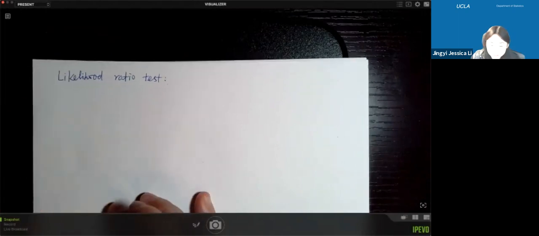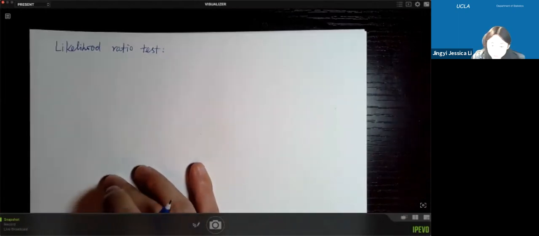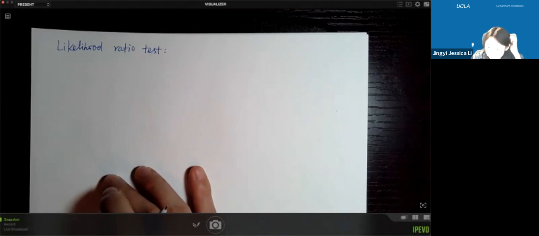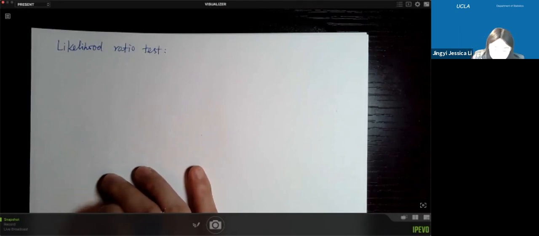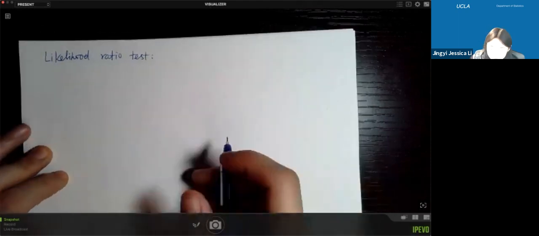You can think of the Wald test as a specialization of the likelihood ratio test in the linear model. Interestingly, even though their test statistics are not exactly the same, but similar, the distribution can both be chi-square.